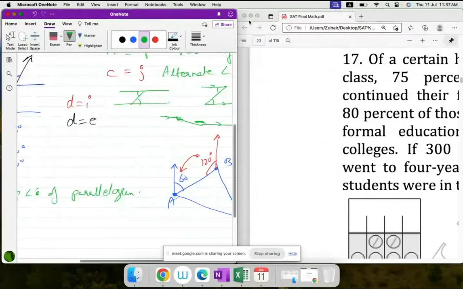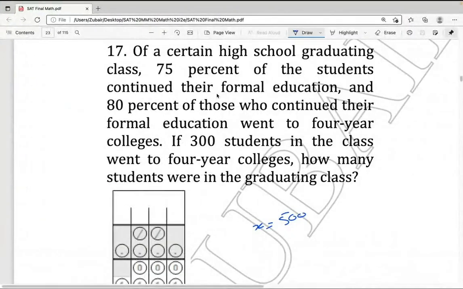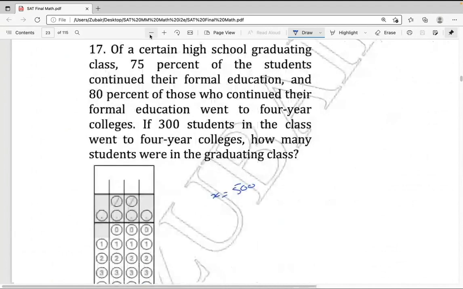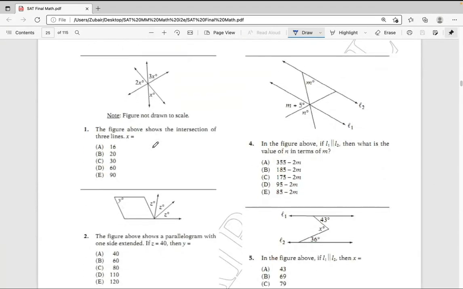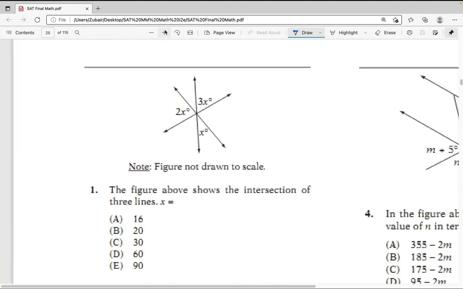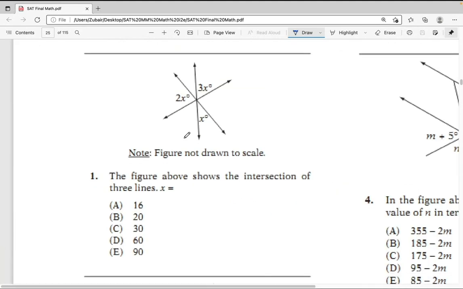Now we can practice some questions. Okay, try number one. Figure above shows the intersection of three lines. X equals 90 over 6, 15. No, not 15, never mind, so ignore that.